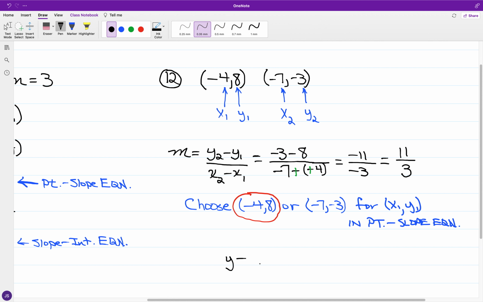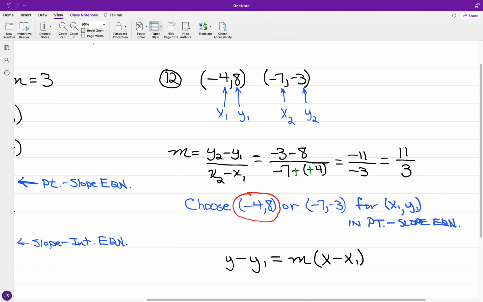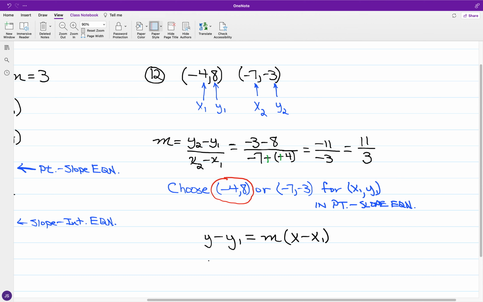Again, going back to the point-slope formula, you have y minus y of 1 is equal to the slope m times the quantity of x minus x of 1. Filling in and substituting, by choosing negative 4, 8, negative 4 is going to be the x of 1, and 8 is going to be the y of 1. The slope we have just established is 11/3.